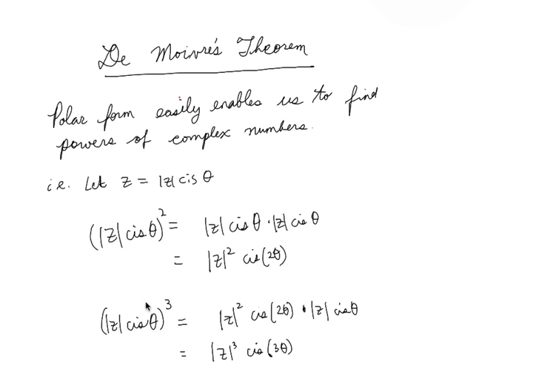Same thing with z to the power of 3. Well, z cis theta to the power of 3 is the same as having this times this times this, right? And I can replace these two with just the squared term that we found up here, and then multiply it again by the magnitude of z cis theta.